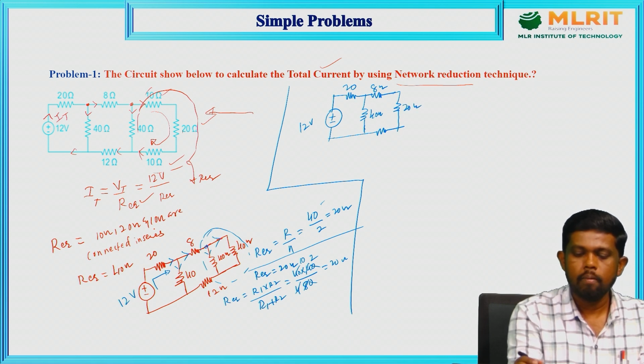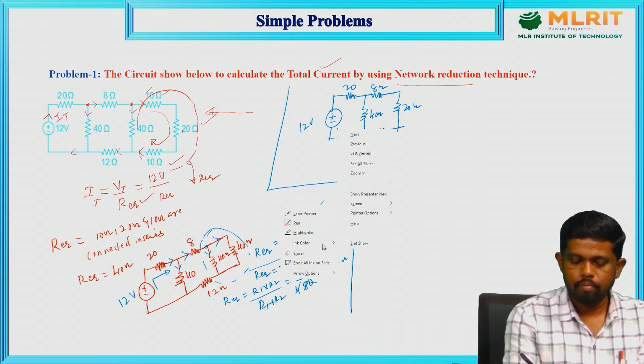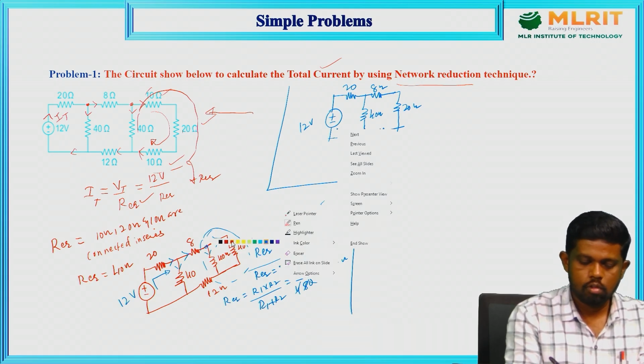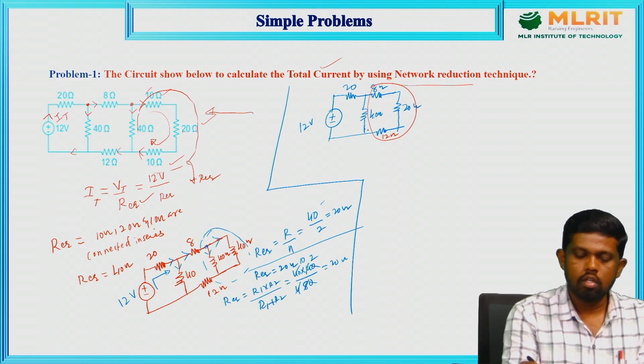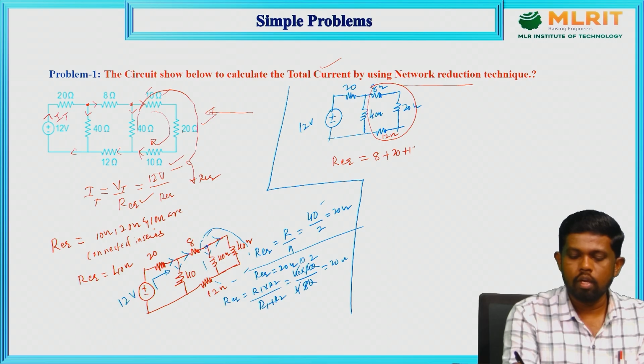From this one, these three elements are in series and in parallel to the 40 ohm resistor. These are 12 ohm, we forgot to take. The R equivalent of this combination is 8 plus 20 plus 12, which means here we got 40 directly.